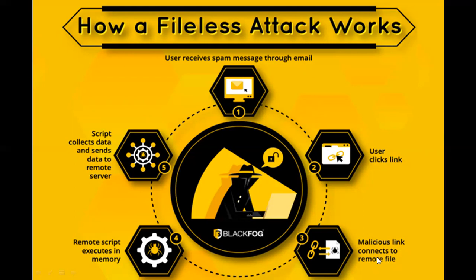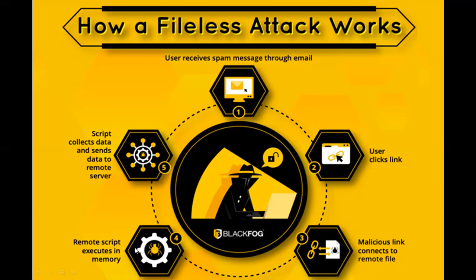So if that connection is successful, what happens next is that remote script execution takes place in memory. Don't forget, I said in memory. Most of the time, a fileless-based attack does not aim to download a file and save it on the disk.